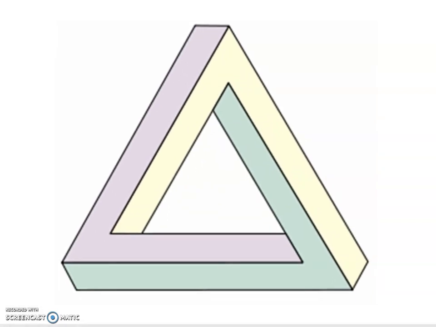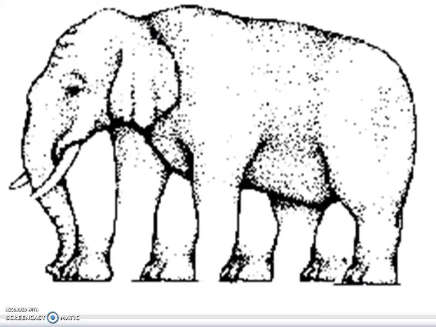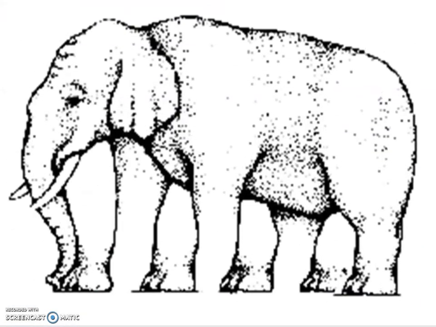So here, look at this triangle. That's impossible for your brain to figure out. Take a look at this elephant right here, and you would think, okay, let's count how many legs it has. Can't be that difficult. Well, let's start here with this one. We think, oh, of course, this must be one of the legs, and then it goes into nothing. Well, is it a leg?